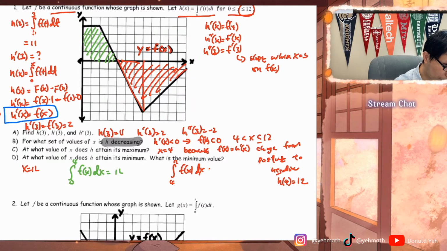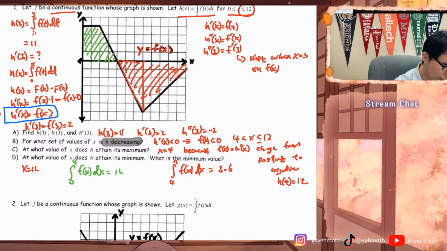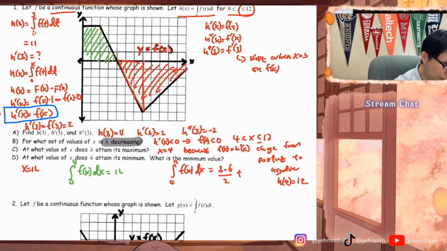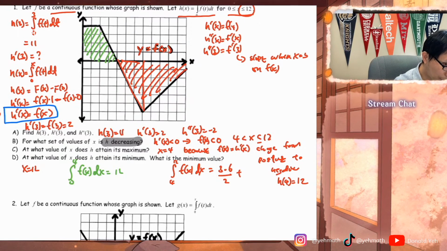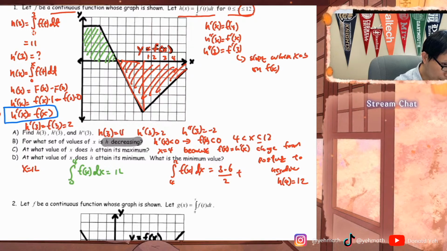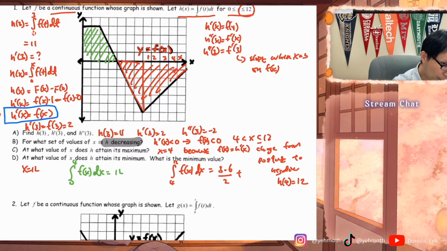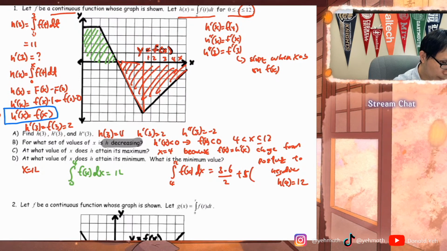So that triangle is 3 times 6, over 2. Plus, it's a trapezoid, so the trapezoid has a height of 5. So 1, 2, 3, 4, 5. That's the height. So it's going to be 5 times what?